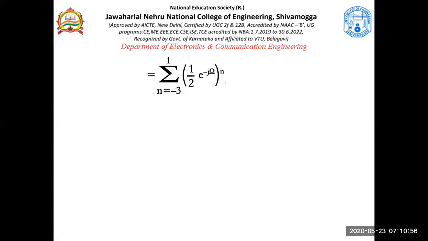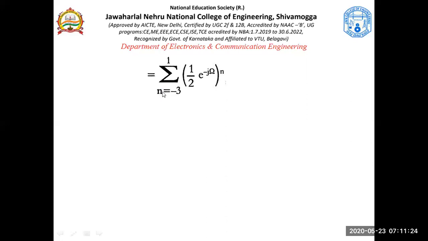I repeat, when I'm shifting the lower limit, the upper limit would also shift. If it is infinity, the shift does not matter. But if this is a finite number, the shift that we have in the lower limit should also reflect on the upper limit. That's why I'm saying it's as good as adding plus 3 to this.